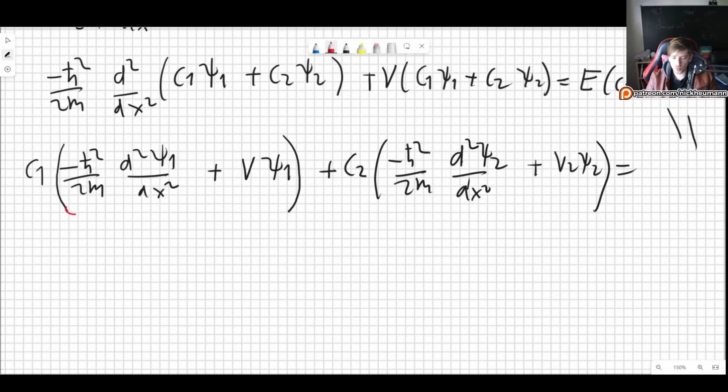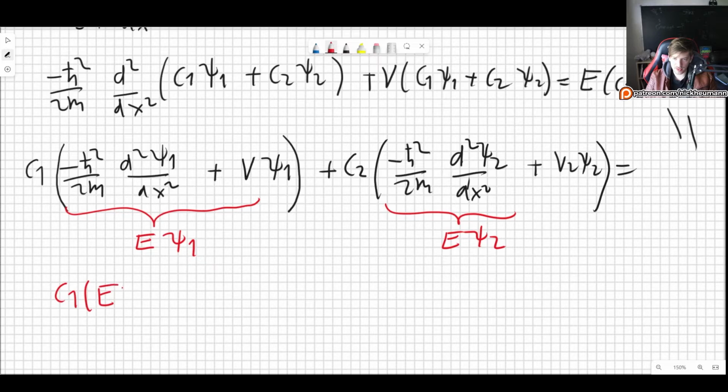But what we have here is simply the energy times psi 1, and this is simply the energy times psi 2.